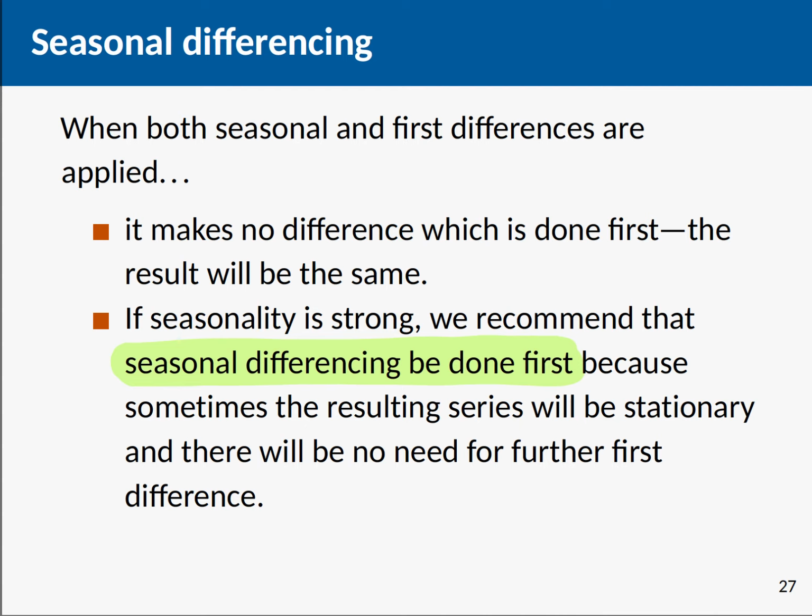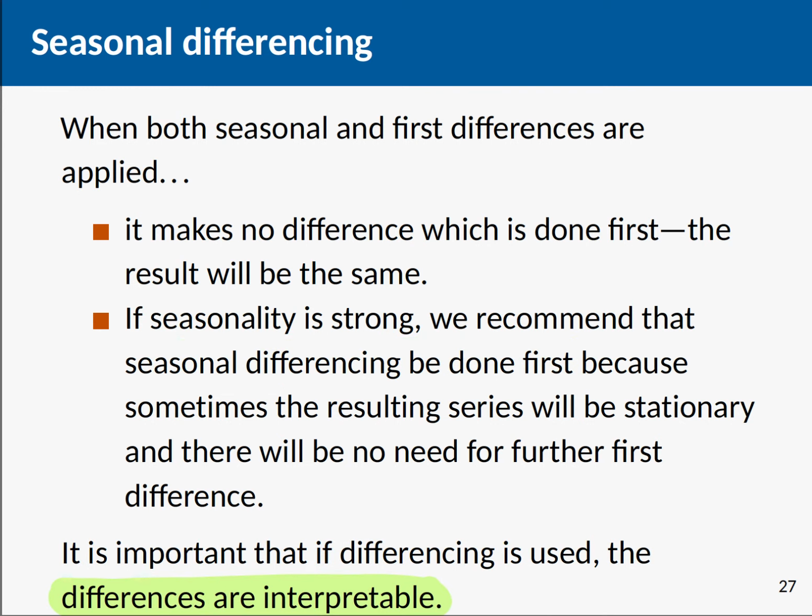We always try to do seasonal differencing first, and then do first differencing. Okay, even though the result is pretty much going to be the same, sometimes you don't want to over difference the data. If seasonal differencing suffices, you want to keep it at that.